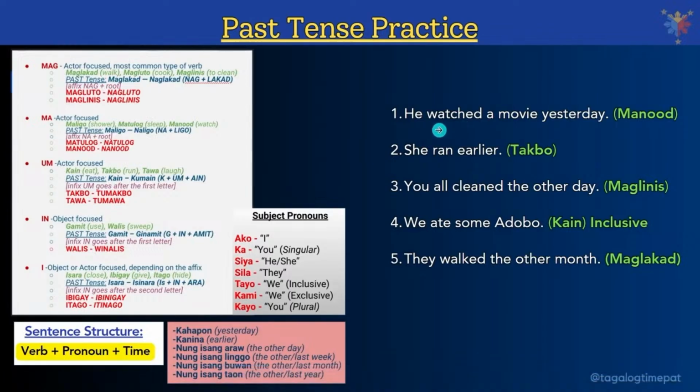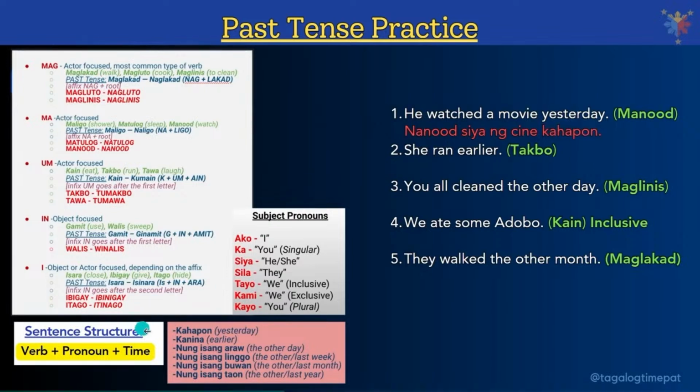In the past tense, ma verbs, the pattern is affix na and then the root. So it becomes nanood. Then it's the pronoun siya, he. Ng sine, a movie, kahapon, yesterday.